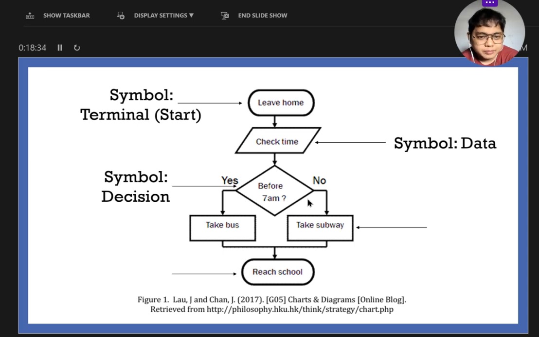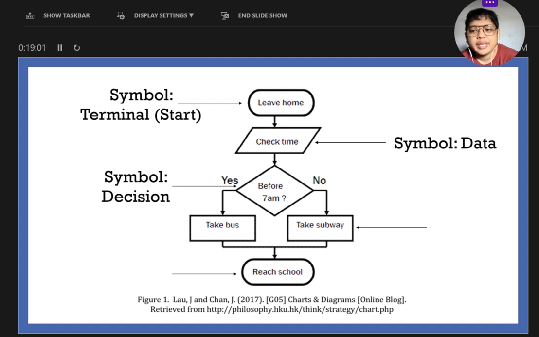This is used to identify which of the two possible paths will meet the condition. For example, if the time is before 7 a.m., he can still choose to ride a bus to reach the school. However, if the time is past 7 a.m., he needs to use a subway just to reach the school on time.